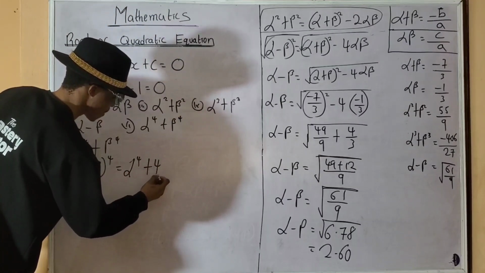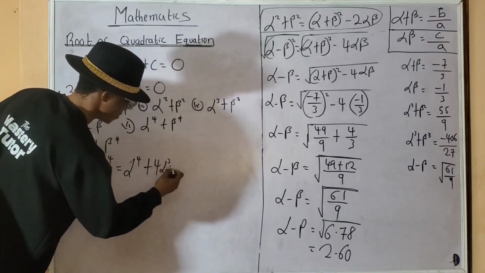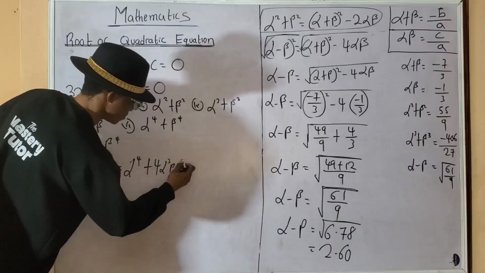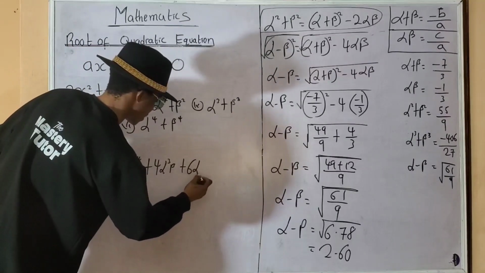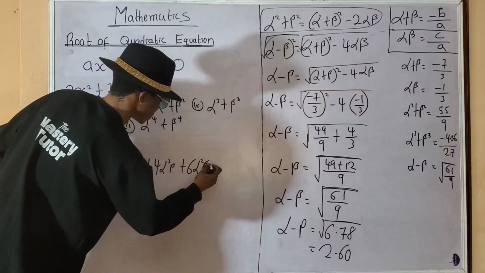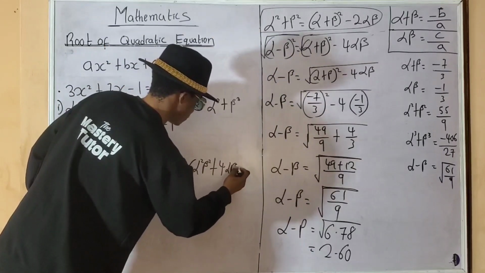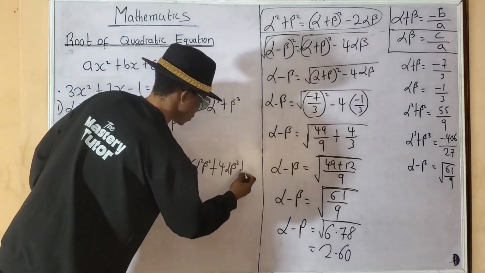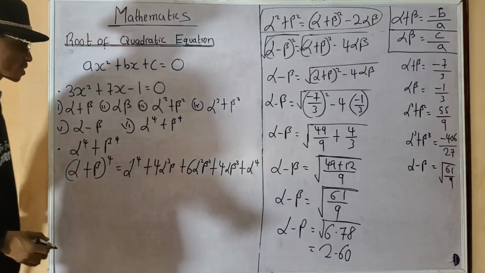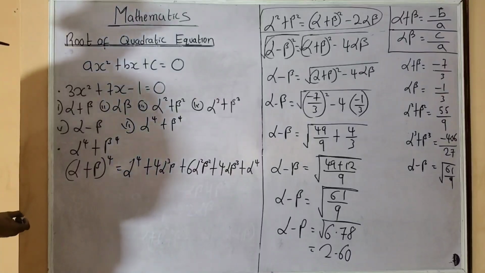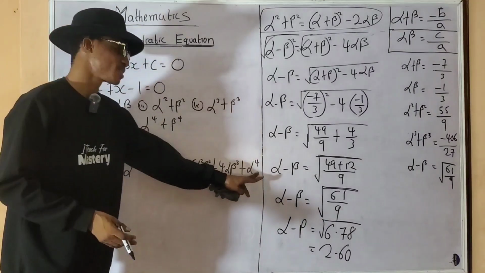Plus 4 alpha raised to the power of 3 beta plus 6 alpha raised to the power of 2 beta raised to the power of 2 plus 4 alpha beta raised to the power of 3 plus beta raised to the power of 4. Using Pascal's triangle, you're going to have this. Okay. Now, our goal is to find alpha raised to the power of 4 plus beta raised to the power of 4.